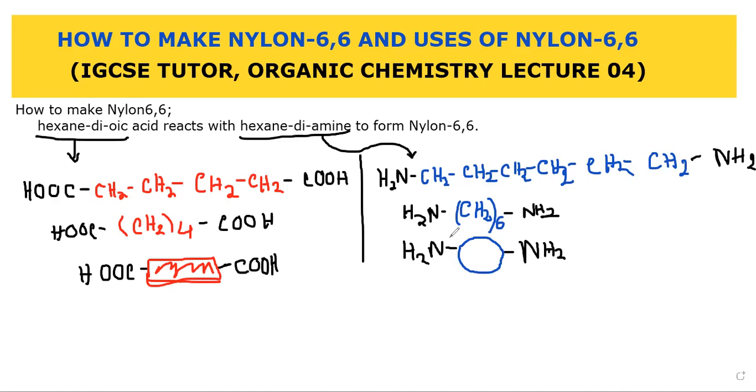I know my circle isn't a circle and my rectangle isn't a rectangle, but still, we just assume that this is a rectangle and this is a circle, and we are representing 4 CH2s of hexane dioic as a rectangle, and we are representing 6 CH2s of hexane diamine as a circle. Now it is their turn. It is their time to react. So let us make them react.